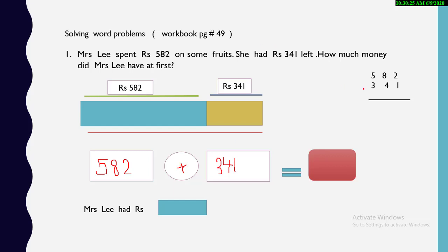Okay, now students, neatly do the working at the corner of your workbook, wherever you find a suitable place. In the working column you are going to mention the first value, second value, and now add it. 2 plus 1, the answer is 3. Write down 3. Okay, 8 plus 4, the answer is 12. Am I allowed to write 12 over here?